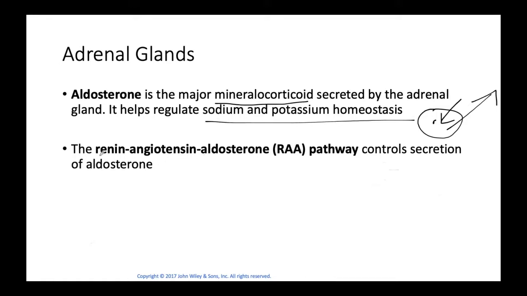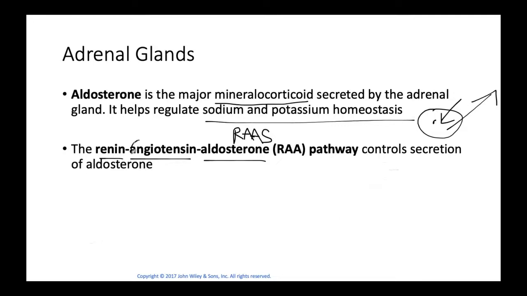So there is a really important pathway called the RAAS system, the renin angiotensin aldosterone system. Sometimes they call it the RAAS, R-A-A-S, the renin angiotensin aldosterone system. Now, when you look at the word angiotensin, what do we see here?